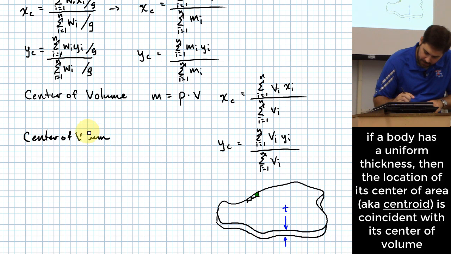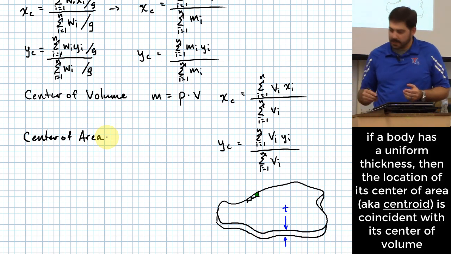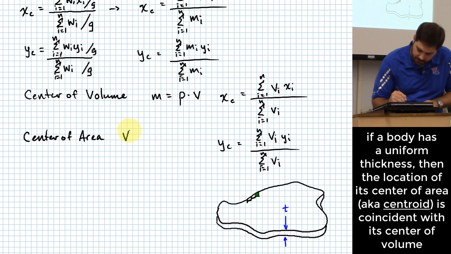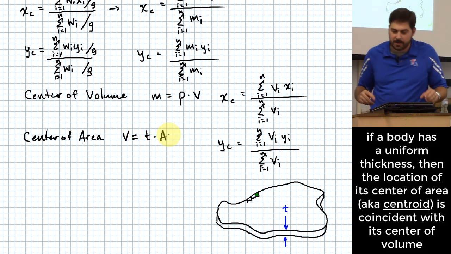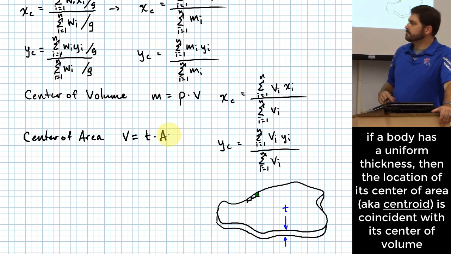Oh, excuse me, not volume, I mean to say area. Centers of area. By sort of thinking of a case where we have uniform thickness, and in that case we're going to have that volume is going to be equal to that thickness times a cross-sectional area, or the frontal area of each one of those pieces.